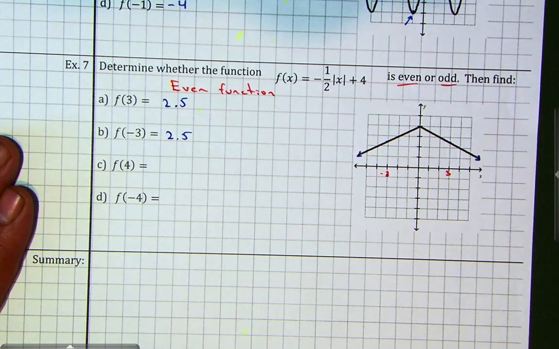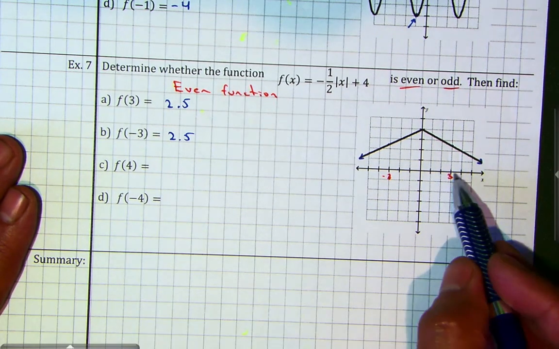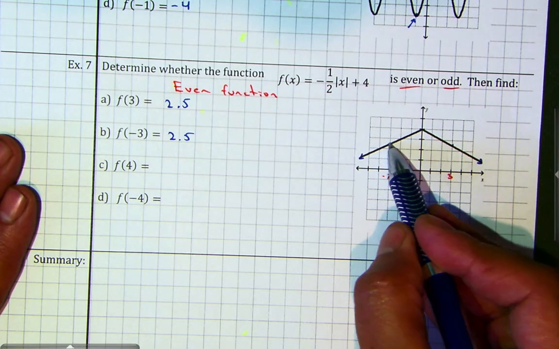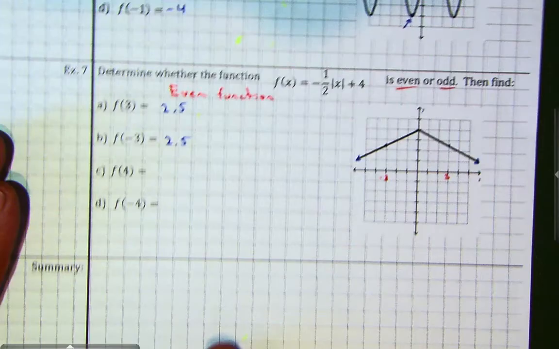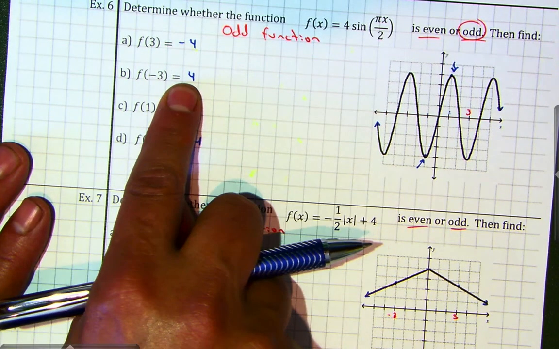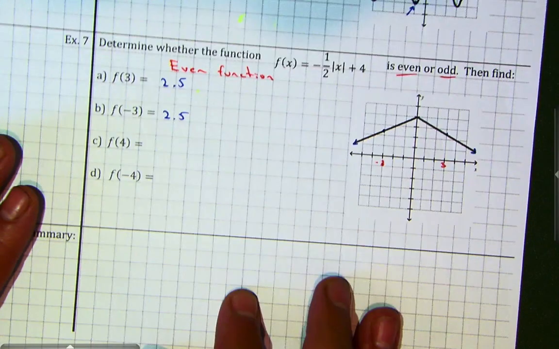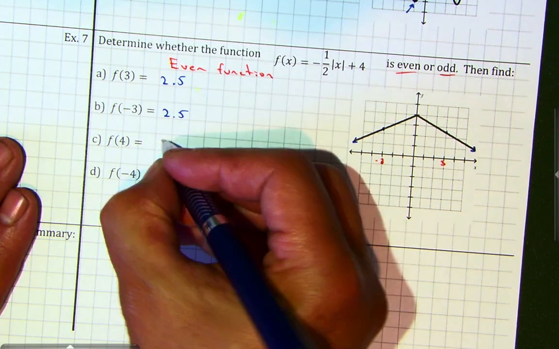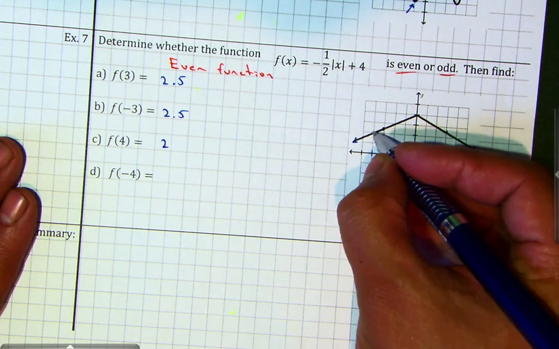So that's what an even function does. If you plug in a 3, you end up with 2.5. Plug in a negative 3, you end up with the same value. Whereas in an odd function, it gives you the opposite value. F of 4, plug in a 4, gives you a 2. Plug in a negative 4, gives you also a 2.